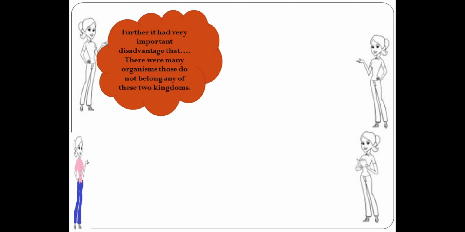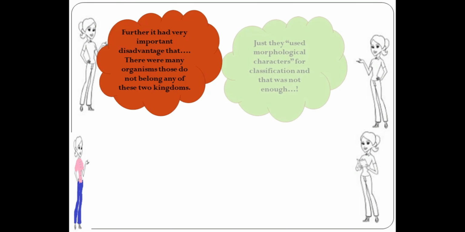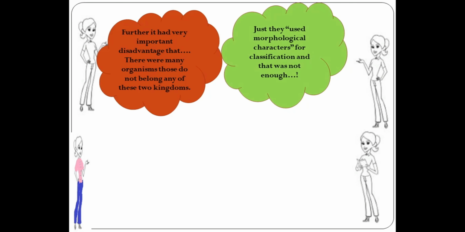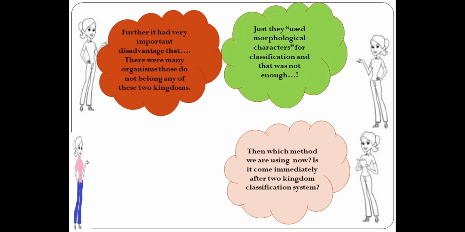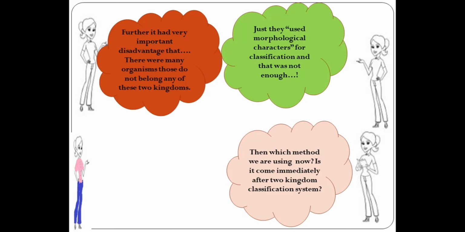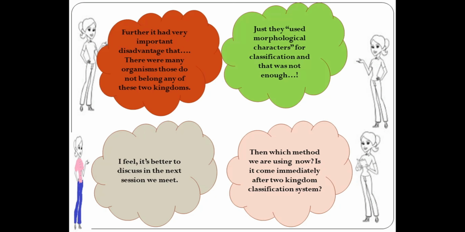After Carolus Linnaeus, many scientists tried to give us a more scientific method of classification. We are using one among those, which is that as a question, and we will discuss that in the next video.